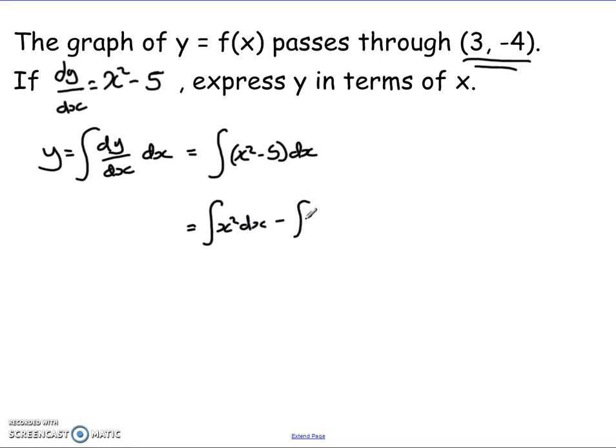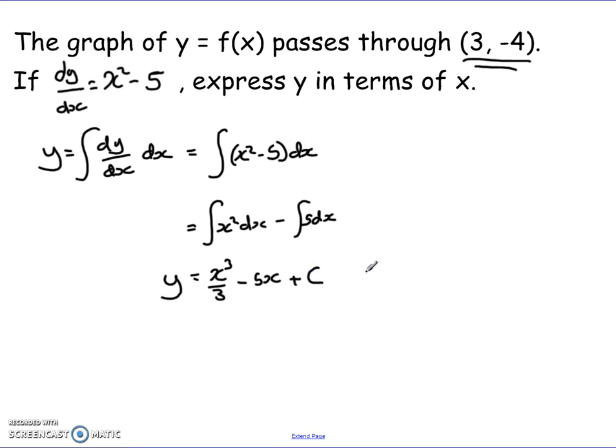So it would be the integral of x squared dx, take away the integral of 5 dx. The integral of x squared gives me x cubed over 3. The integral of 5 would be take away 5x, because the integral of just a constant gives you a simple x. And we still have to remember to include the plus c.